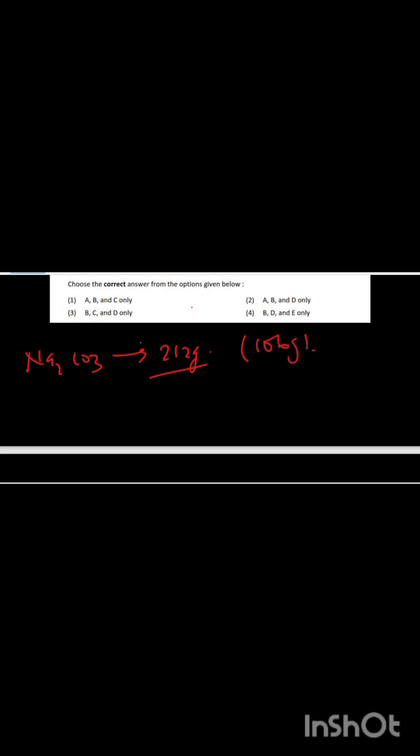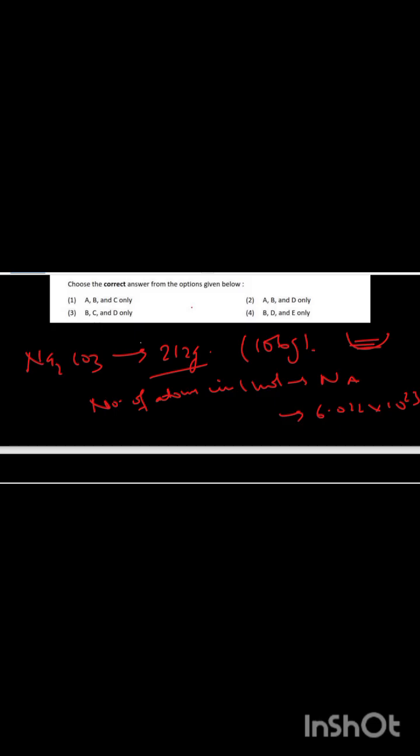So the number of atoms in 1 mole is normally the Avogadro number, that is 6.022 times 10 to the power 23. In 1 mole of any atom, 1 mole of any compound, the number of atoms is normally the Avogadro number.